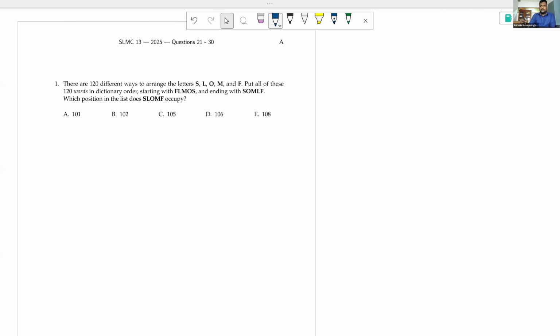Welcome to the discussion on questions 21 to 30 of SLMC 13. I'm not very sure whether these questions are in order, but you should be able to find the paper and then do them. I'm not going to completely discuss every single matter because you're here because you're interested in mathematics.